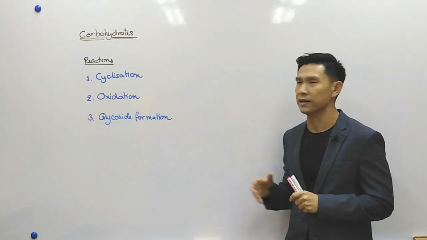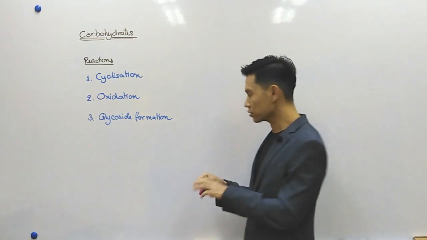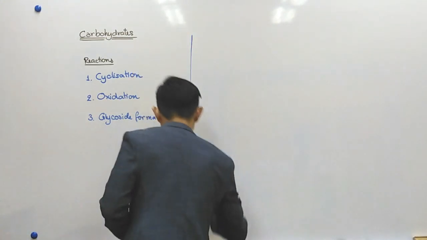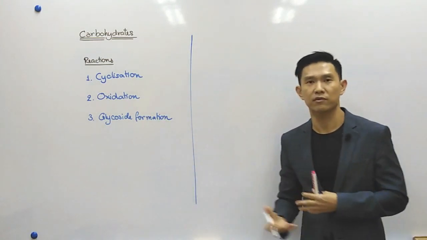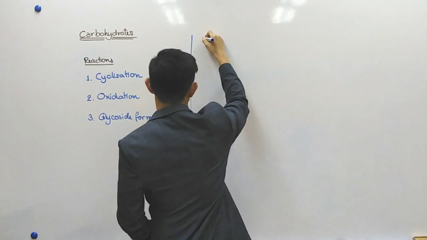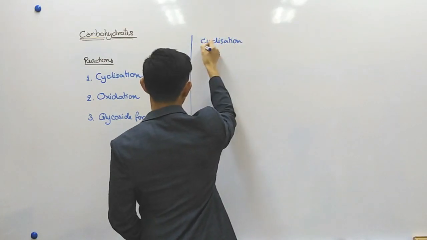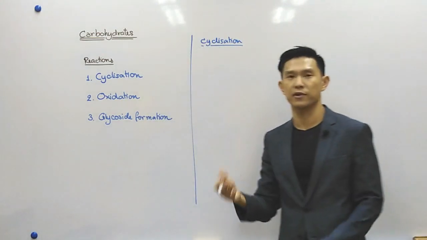So what is behind the cyclization reactions, how can it happen? Let's look at the basic chemical reactions of this kind of thing. So first, cyclization. So this is actually in equilibrium.